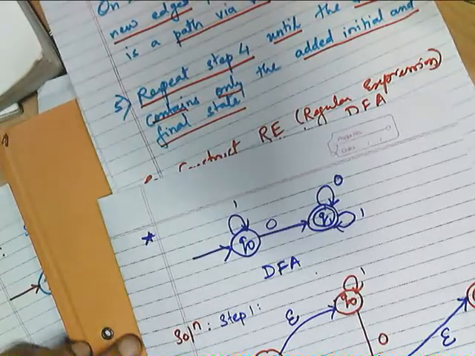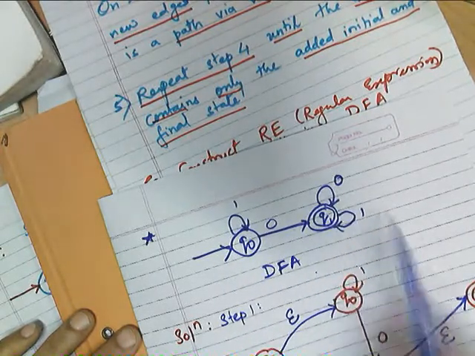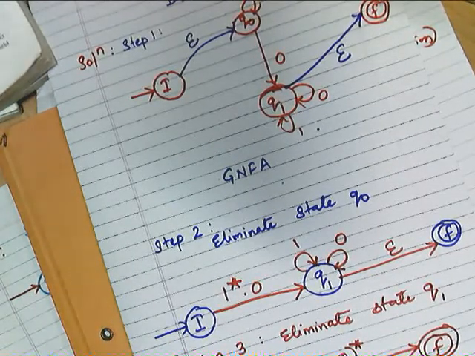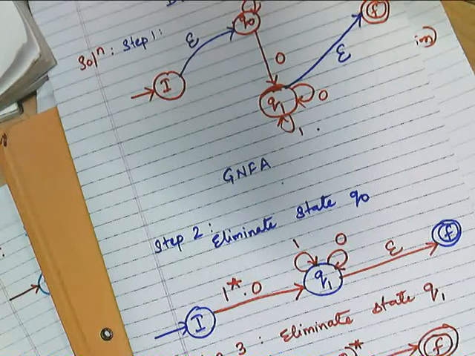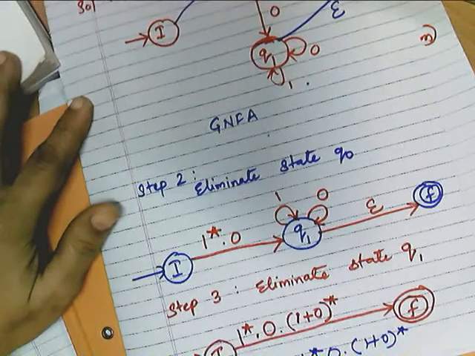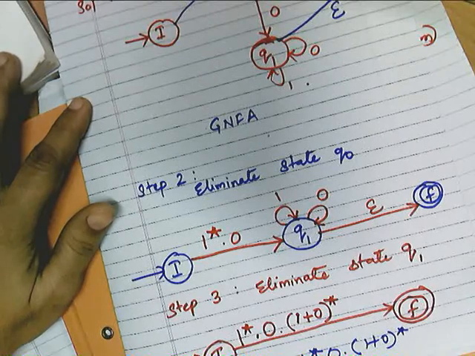You can easily verify: 1 star 0, 0 plus 1 whole star, or 1 plus 0 whole star. So this will be your regular expression corresponding to your given DFA. I hope you have understood this particular state loop elimination method.